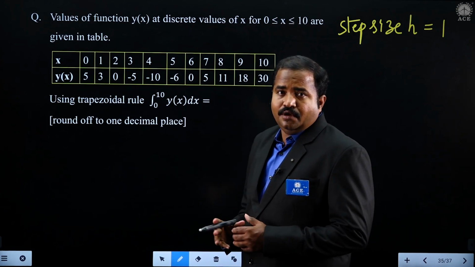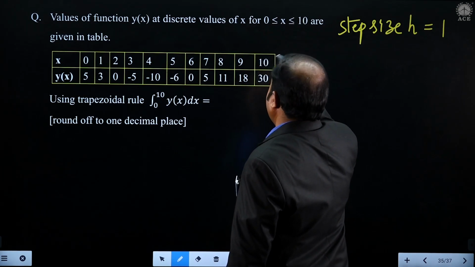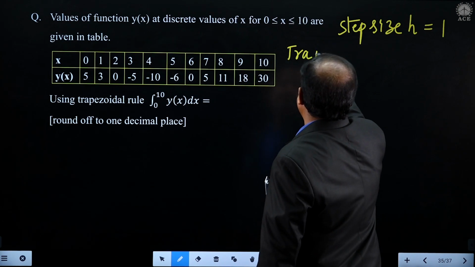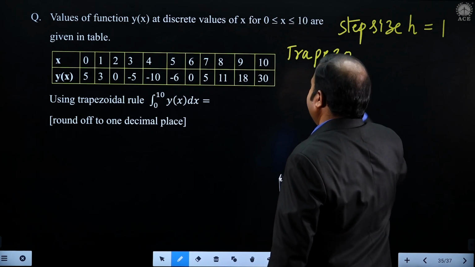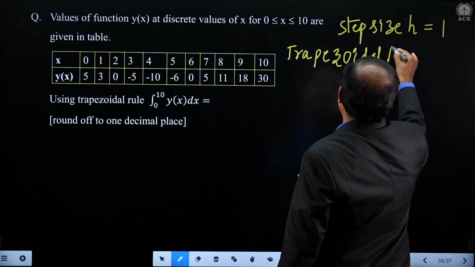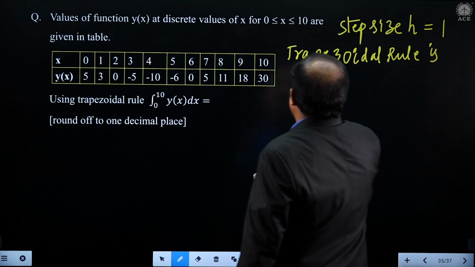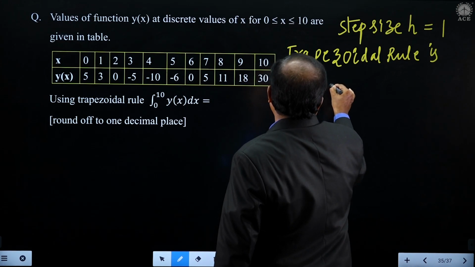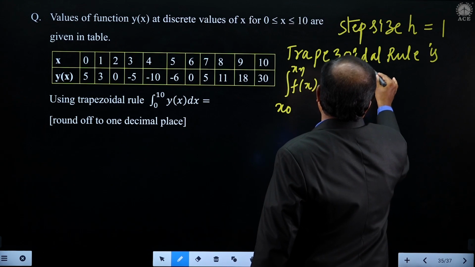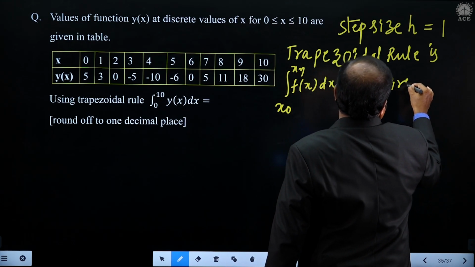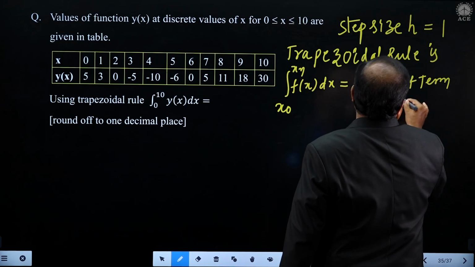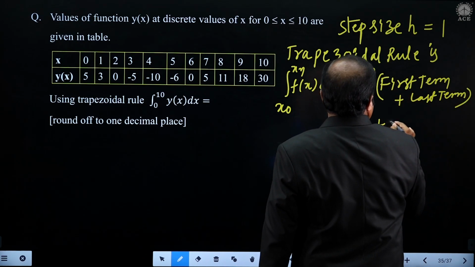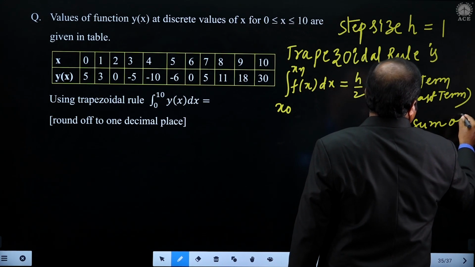And what is the general formula? The trapezoidal rule is, in general, integral from x naught to xn of f of x dx equal to h by 2 into first term plus last term, plus 2 times the sum of the remaining terms.